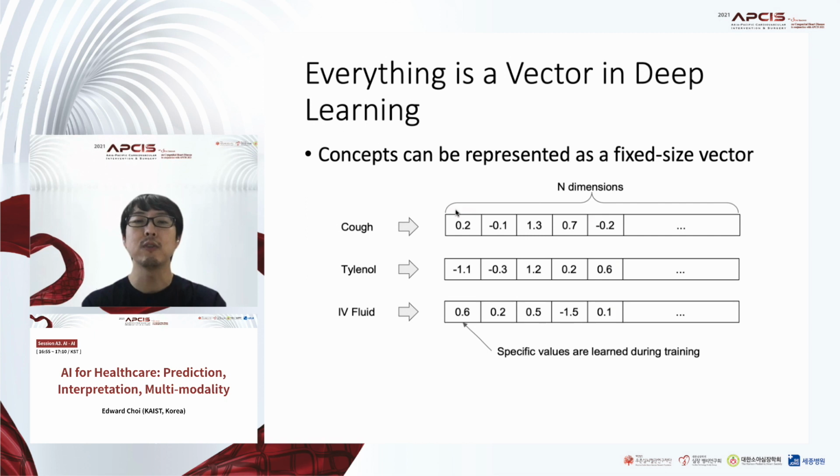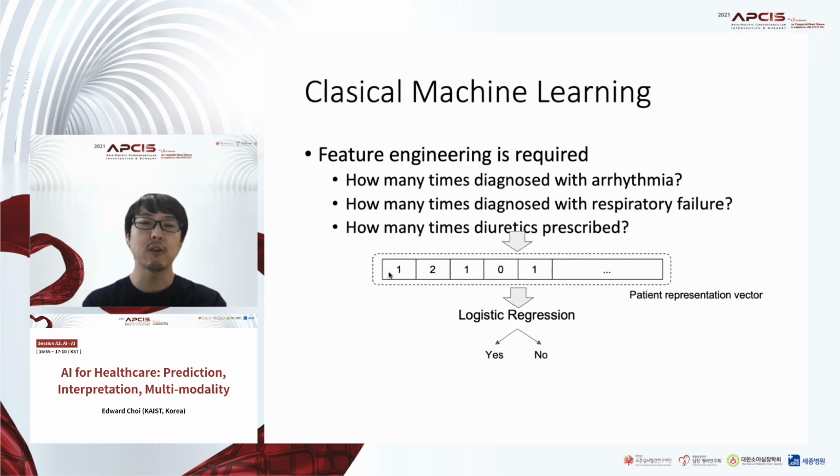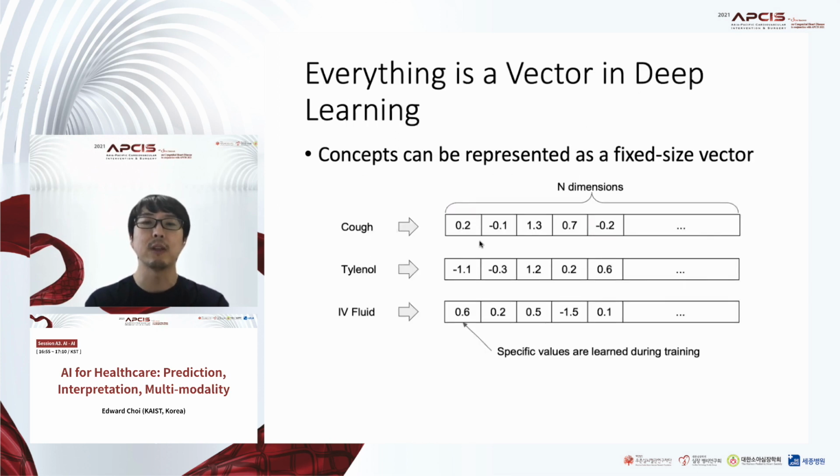And the values within each vector, as opposed to here, where we clearly know what the values in each dimension represent, here we actually don't know. We don't know what the ideal value for cough would be in each dimension. So that is all learned by deep learning using backpropagation.